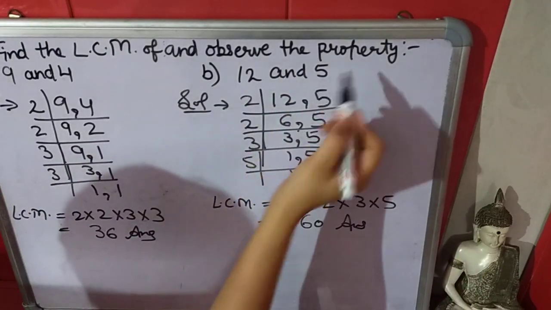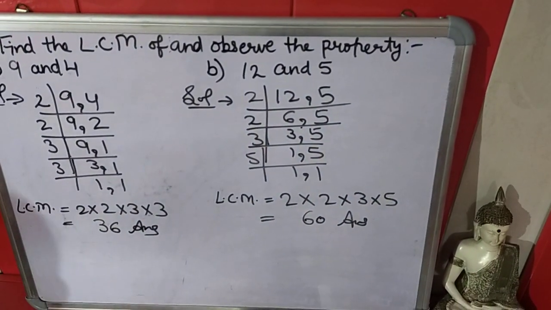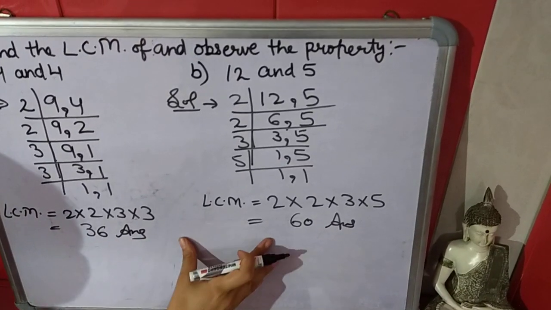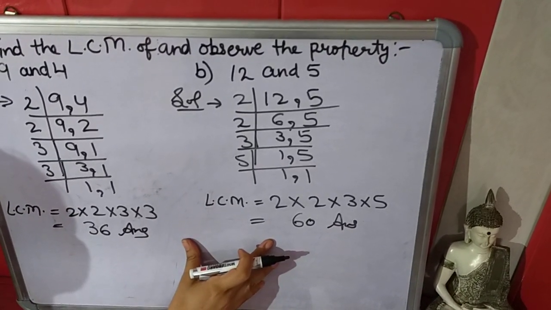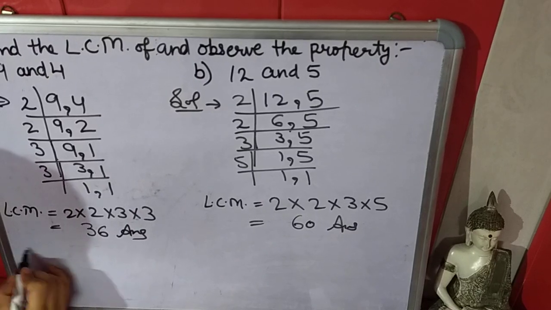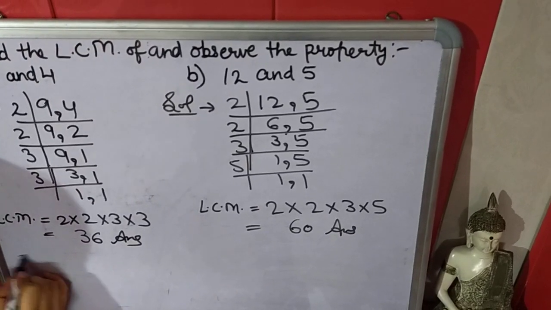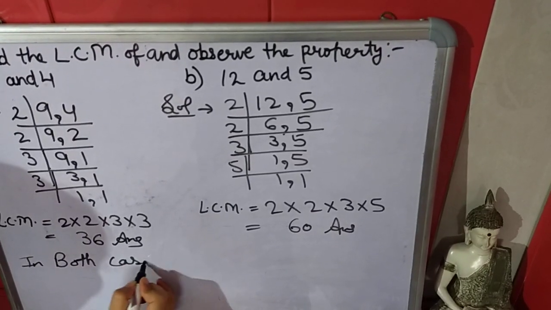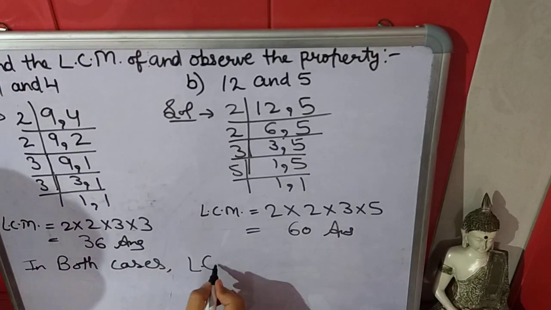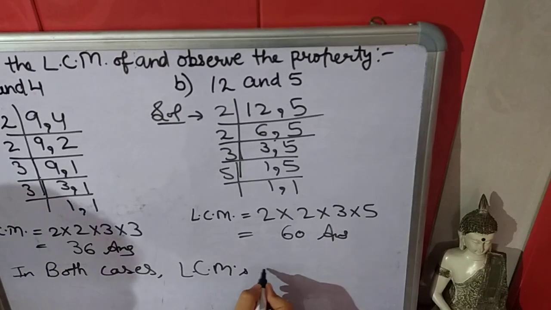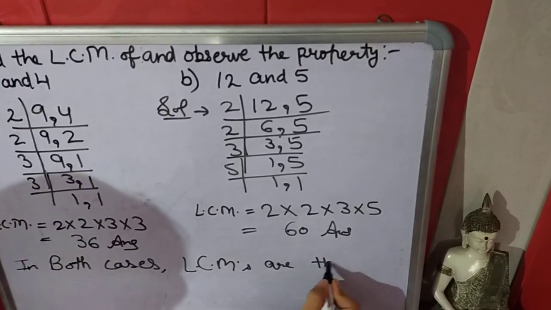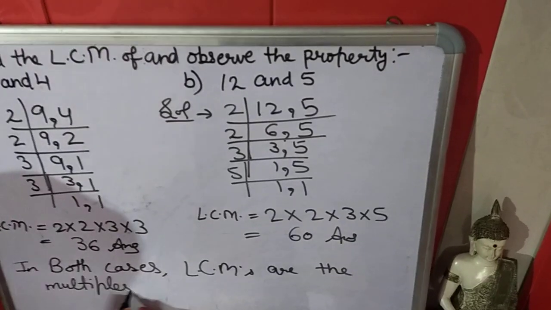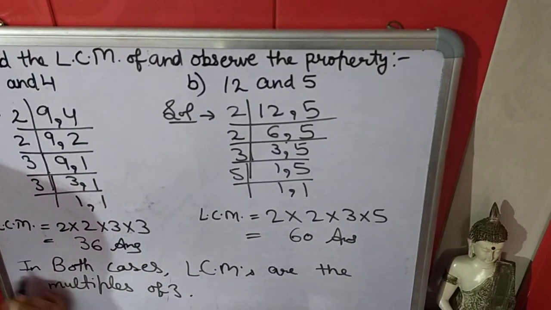Now he is saying observe the property in both cases. We observe that in both cases the LCMs are multiples of 3. So you will write: in both cases LCMs are the multiples of 3.